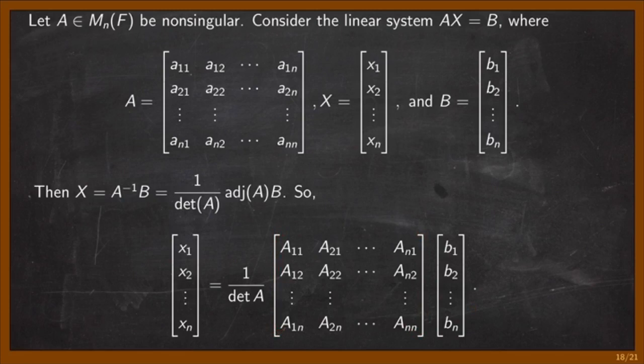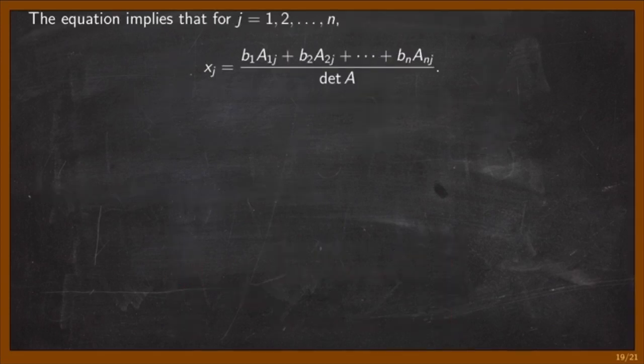Now, as you can see, we now have a formula for each of these x_i's. For example, how do you get x sub 1? X sub 1 is this row dot this column. We will take the dot of this row and this column and then divide that by the determinant of A. X sub 2 should be the dot of this row and this column and then divide that by det A, and so on.